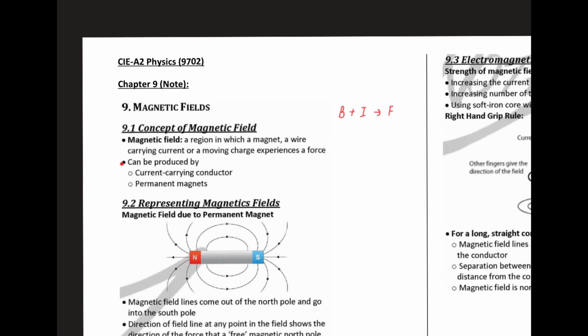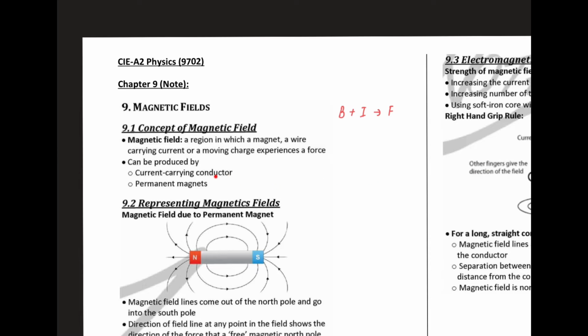We look at the next part first. Can be produced by current carrying conductor. Okay, so this second point, they are trying to say, if you want to produce magnetic field, there are two ways. The first way is use current carrying conductor, where we will come to it very soon at 9.3.